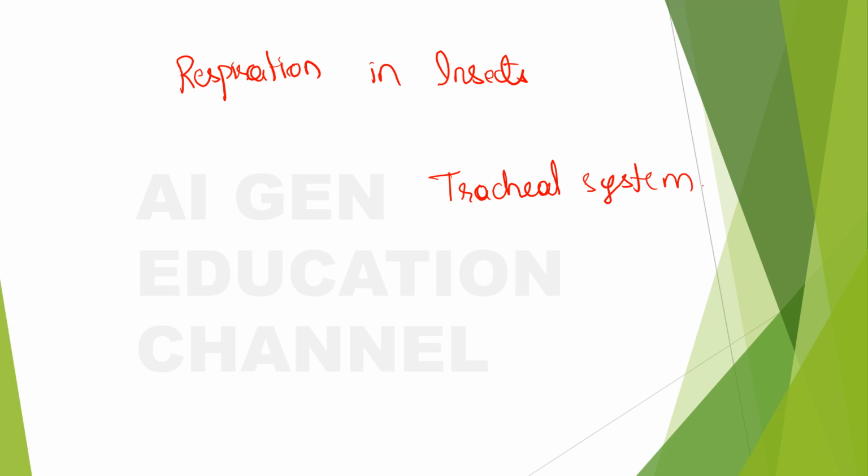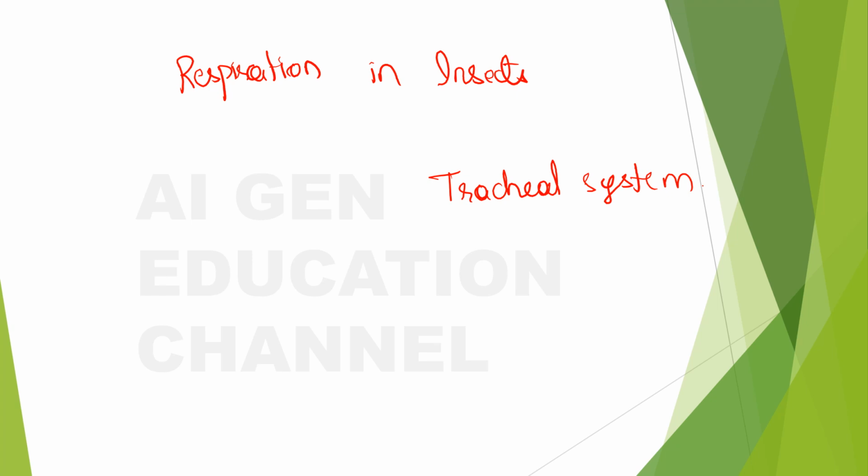From these tracheoles, the exchange of gases takes place directly between the cells and tissues, without any need of blood to transport the gases. It is like the water tap that directly delivers into your kitchen. Wherever the cells need the gases, the tracheal system ensures that air is supplied directly, and with diffusion there is exchange of gases between the cells and the tracheoles.